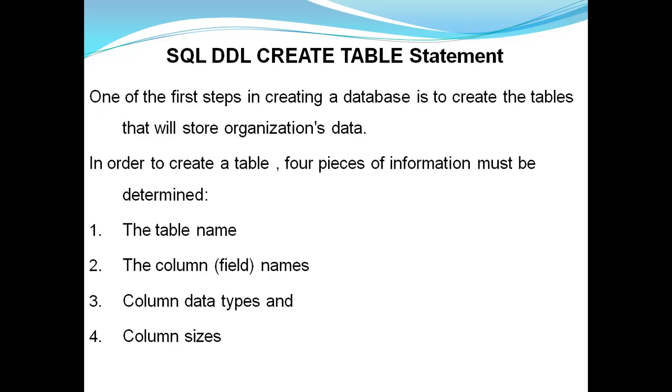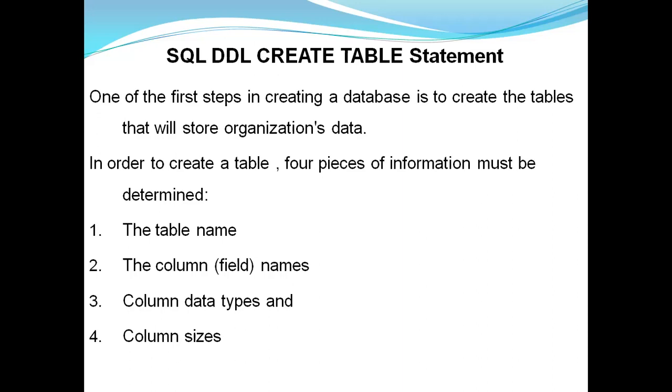Third thing required is called column data types. What is a column data type? It defines what type of data that column can contain. That is called a column data type. Very simple.